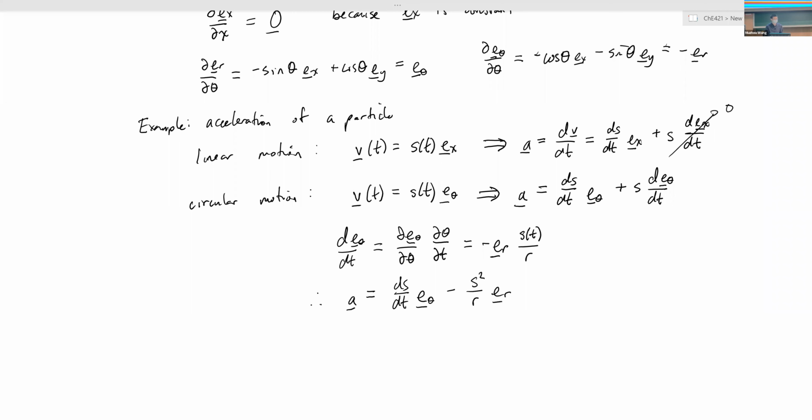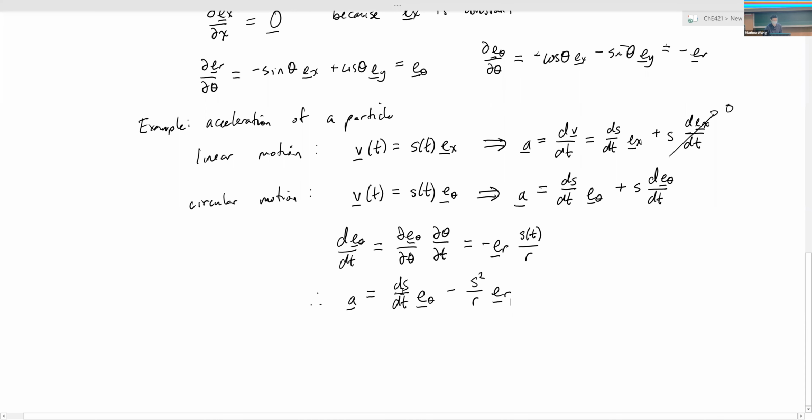Sometime in high school physics or college physics, or whenever you took physics, your professor or teacher probably made a big deal about how centripetal acceleration is v squared over r. That's what we just showed over here. If we have circular motion where s is constant, for instance, something just moving in a circle at a constant speed, then my acceleration is always going in the negative er direction, and the magnitude is equal to s squared over r.